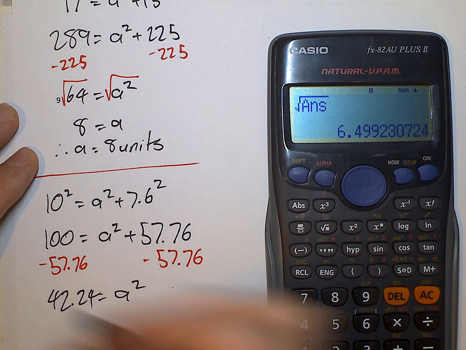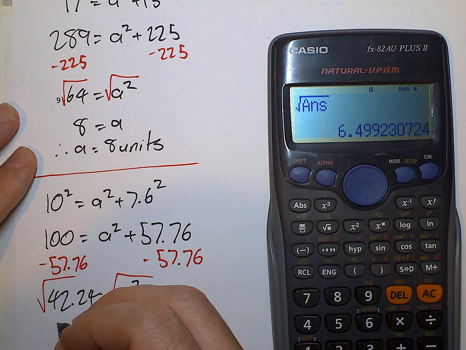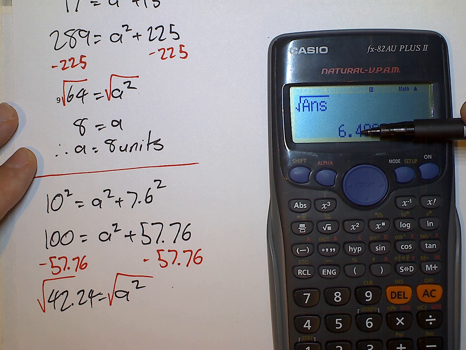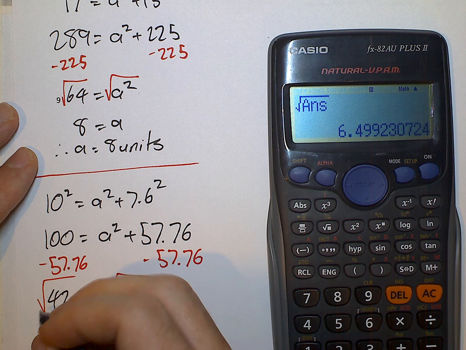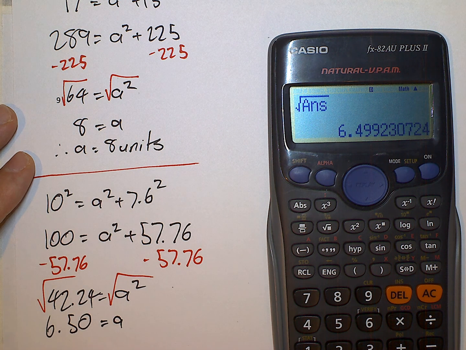So, if we square root this and square root that, that gives us to 2 decimal places 6.49. Well, that would round up to 10, so that becomes 5, so that becomes 0. So this is 6.50 equals A.